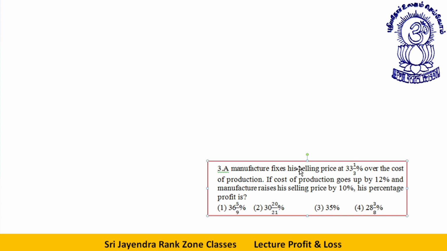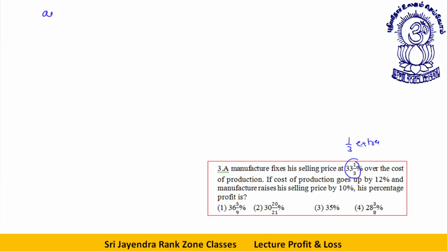A manufacturer fixes his selling price at 33 1 by 3% over the cost of production. If cost of production goes up by 12% and manufacturer raises his selling price by 10%, his percentage profit is. See students, let's take some easy value. 33 1 by 3% means one third extra.